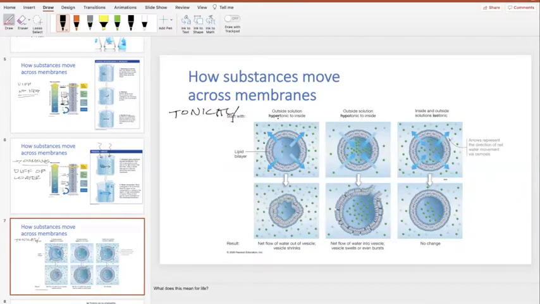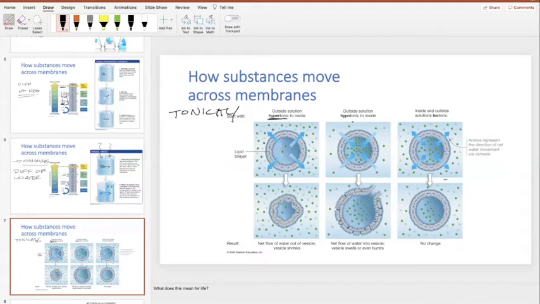So in this scenario, we say that the outside solution is hypertonic to the inside solution. So hyper means ramped up, right? If you're hyperactive, then you're super active. So the outside solution is hypertonic. It's super concentrated relative to the inside solution, and that caused water to flow out of the cell and shrinkage to result. Let's look at the opposite scenario.